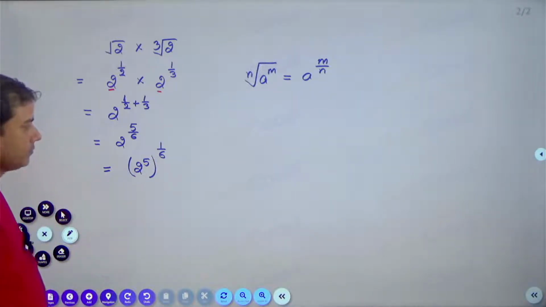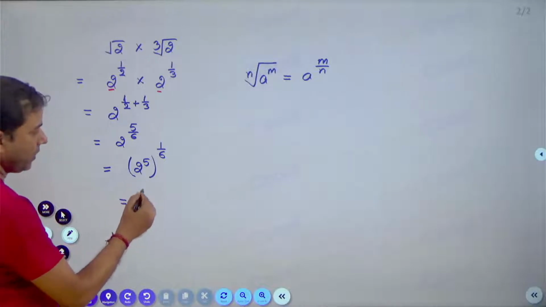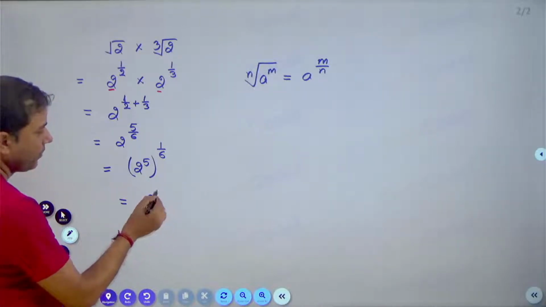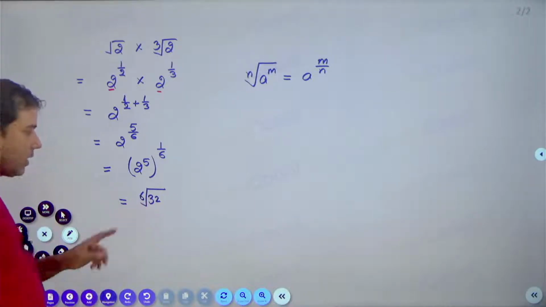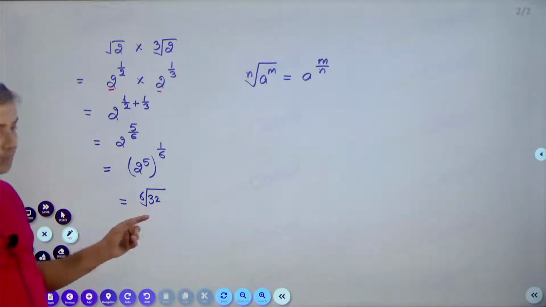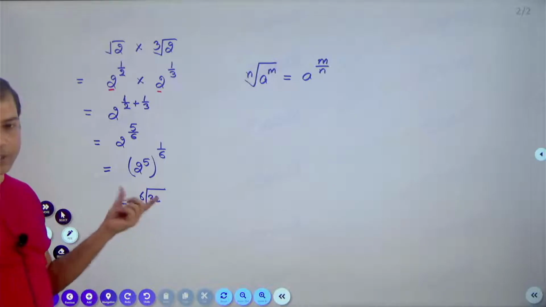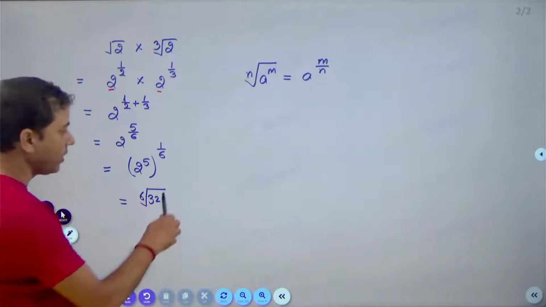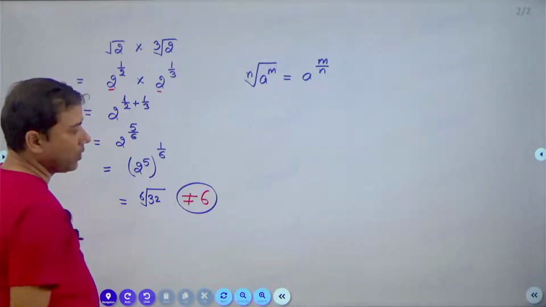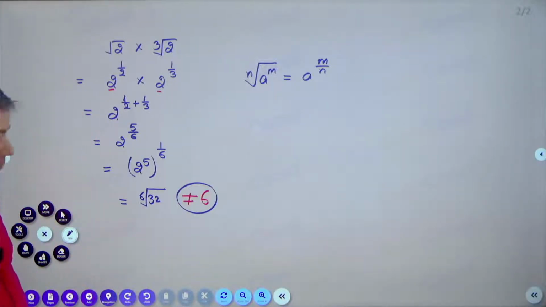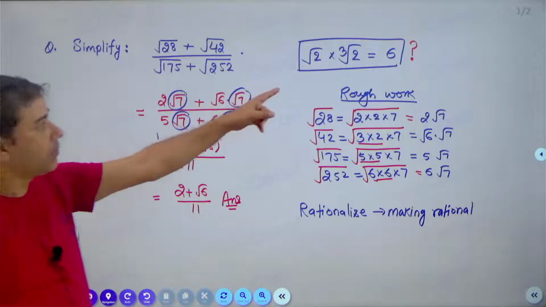Yes. 2 raised to the power 5 means 32, and power 1 by 6 means it is the sixth root. So we can rewrite using root sign like this: sixth root of 32, which is not equal to 6. So that statement is wrong.